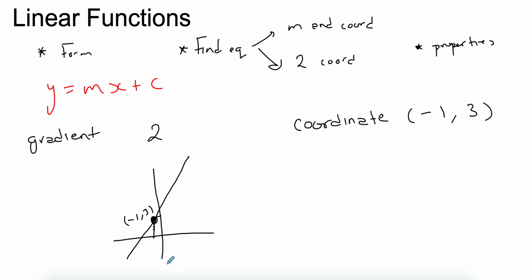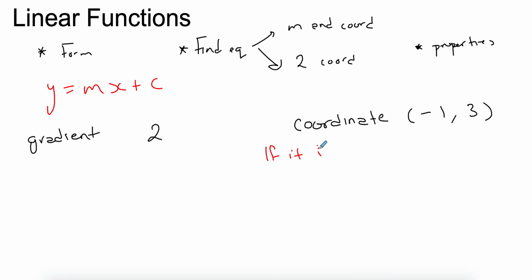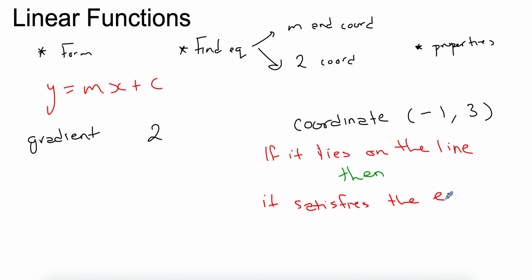So this is a coordinate on the line. One thing you need to keep in mind: if it says this coordinate lies on the line, then it satisfies the equation.